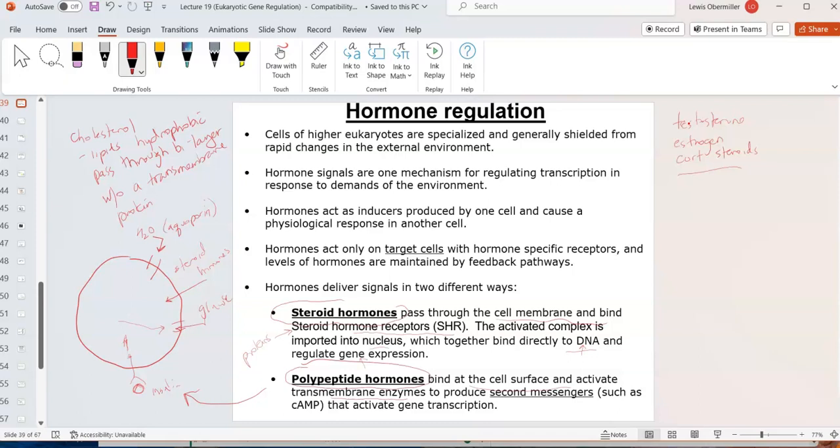And then that produces secondary messages. So that's going to signal something in the nucleus to turn on the DNA to express it in the RNA and then export that to make a protein. All right, so no big deal.